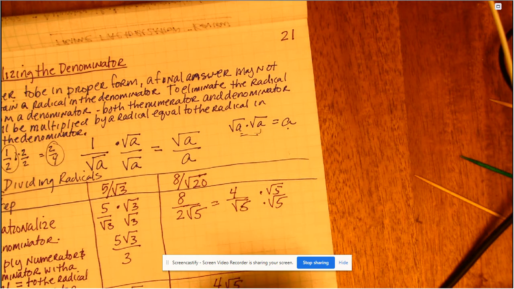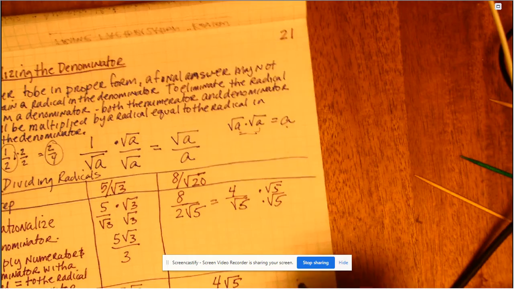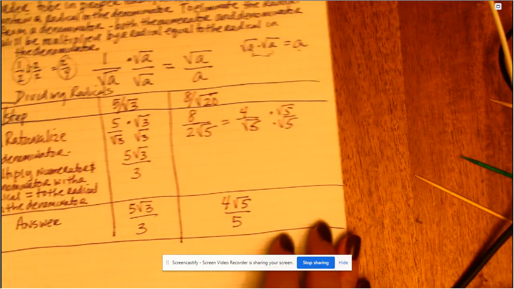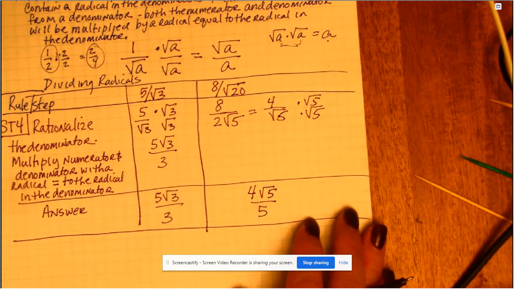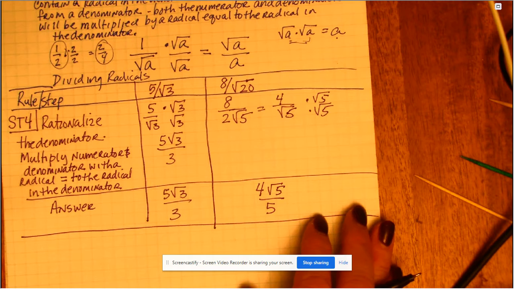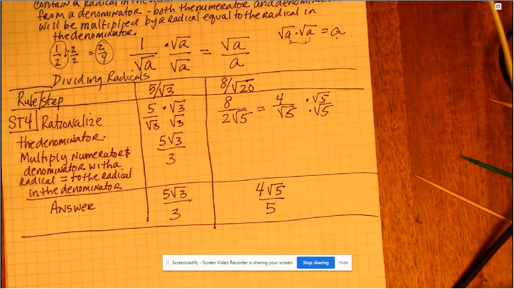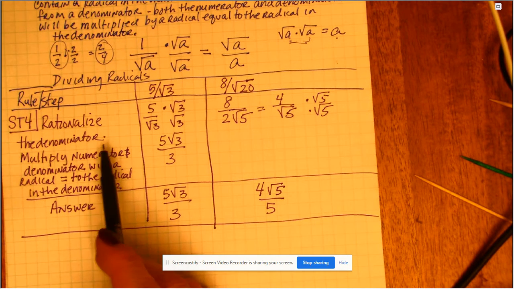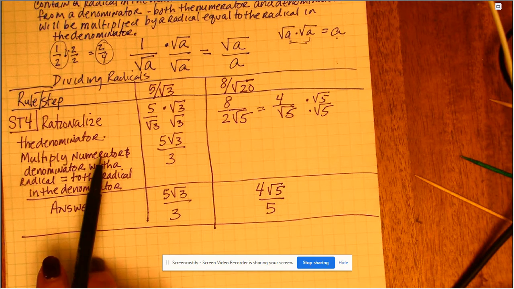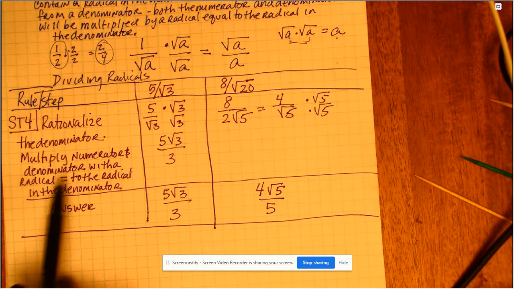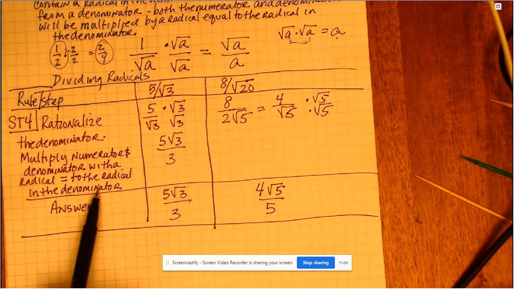Right? So these are the basics. Put that up a little bit higher, give you a couple minutes to write it down, hopefully. So again, to rationalize the denominator, we multiply both the numerator and the denominator with a radical equal to the radical in the denominator.